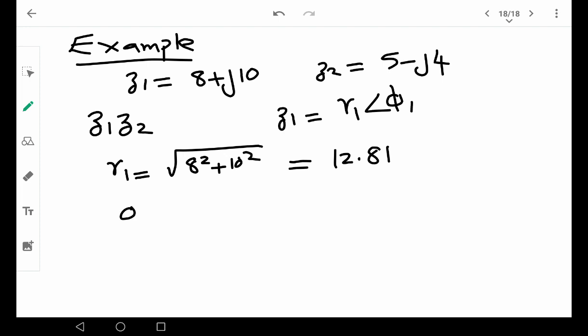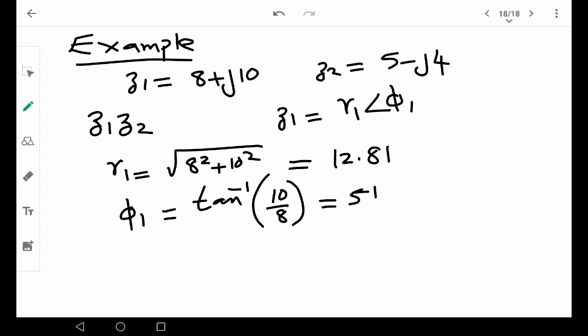And if you calculate phi1, that is tan inverse y by x, that is 10 divided by 8, it will be around 51.34 degrees.